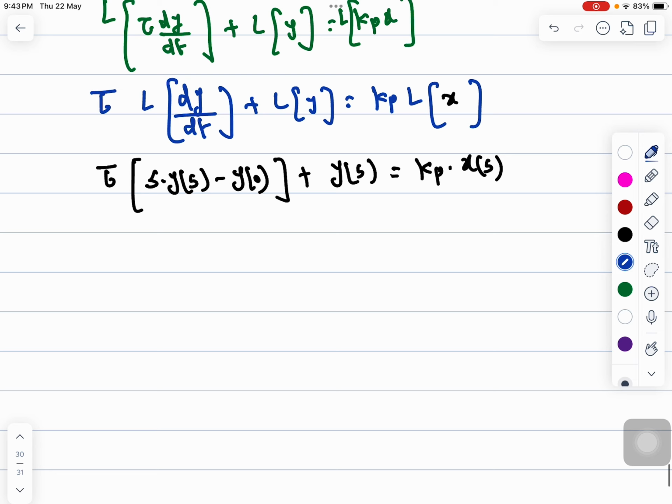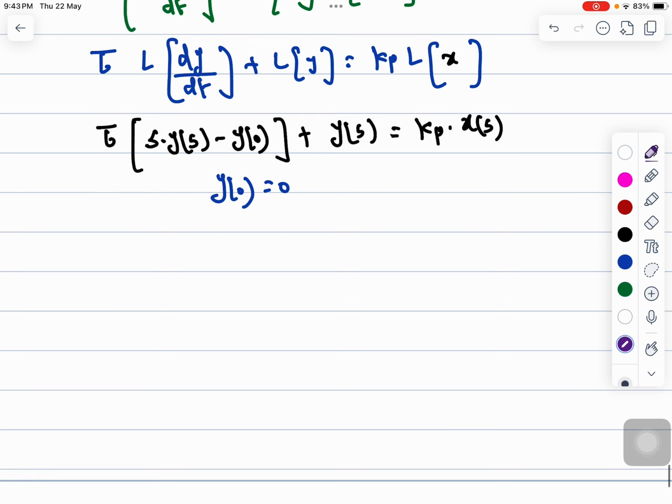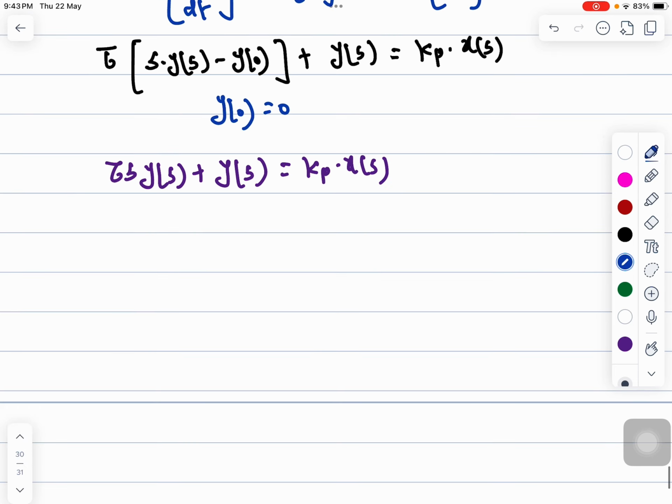Assuming the initial value is 0, y0 equals 0, then what will you get? tau s Y(s) plus Y(s) equals kp into X(s). Is that clear? If I take Y(s) common, that can be written as (tau s plus 1) Y(s) equals kp into X(s).